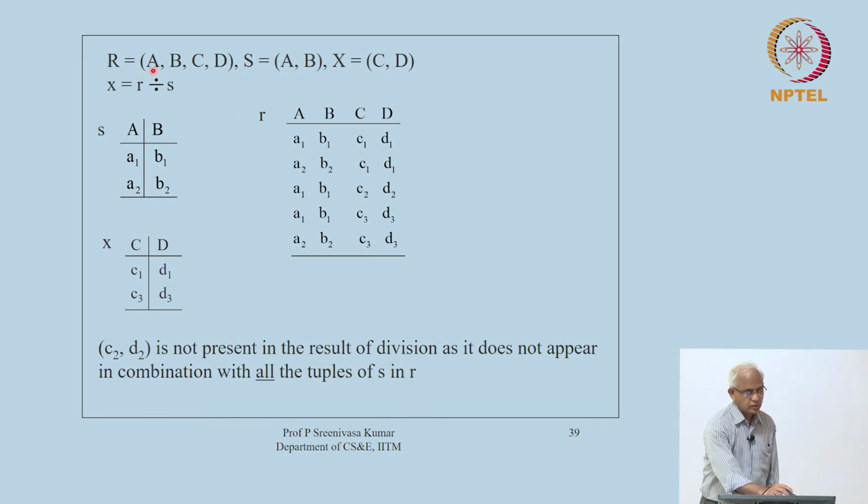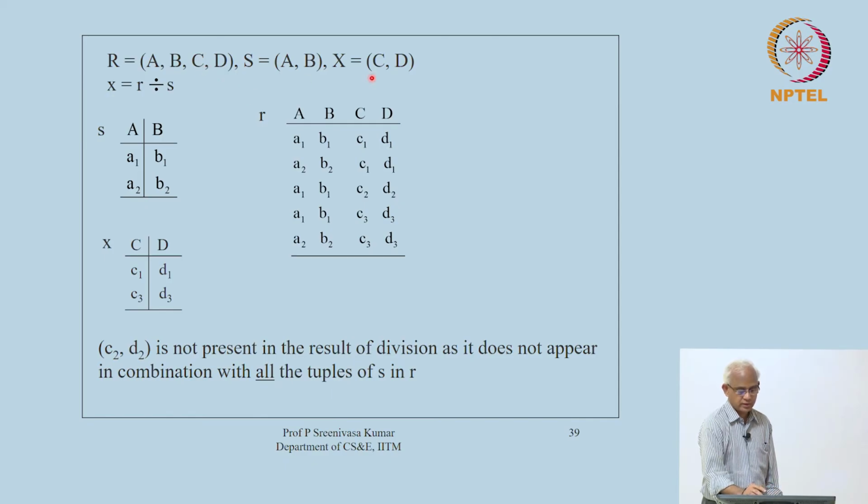Let us say R has attributes A, B, C, D, and S is A, B, and X is C, D. We are now looking at R divided by S. The scheme for R divided by S is R minus S, that means the set of all attributes that are there in R but not in S, that means CD.